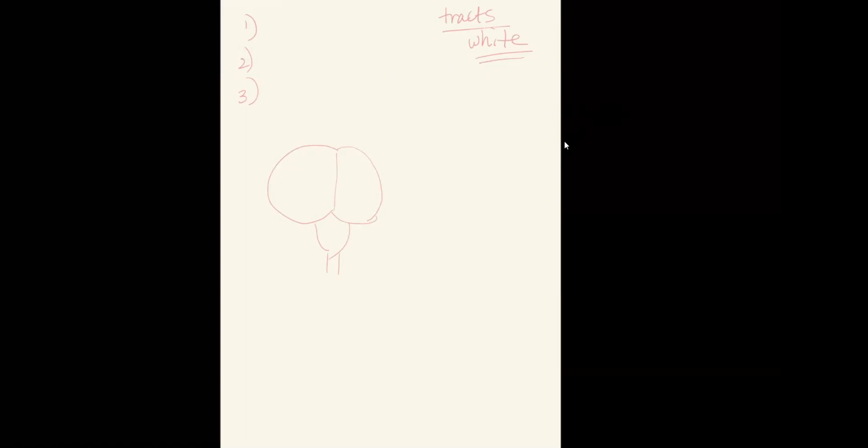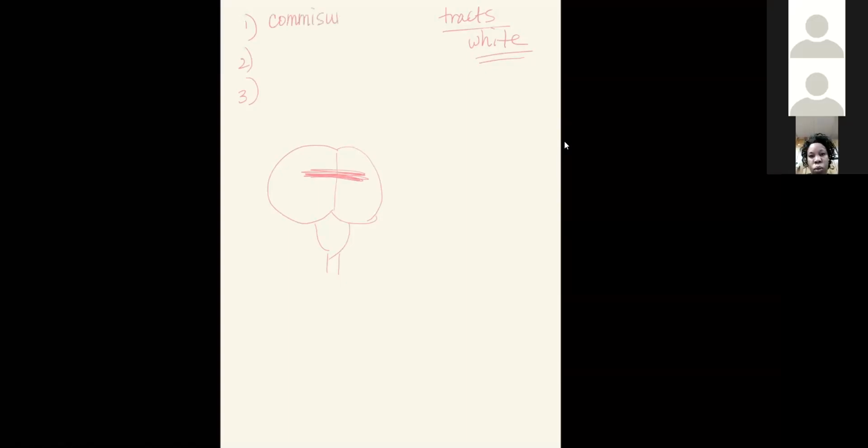Okay, so if we go from side to side, between hemispheres, those are called association tracks. No, not association, commissural tracks. So commissural tracks connect hemispheres. Okay, so both sides.